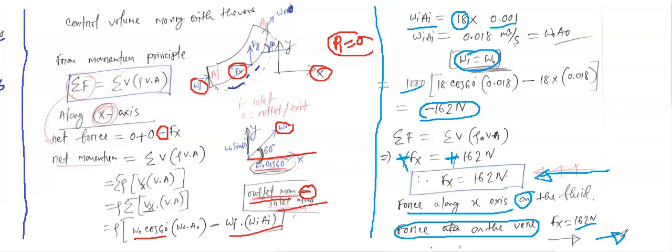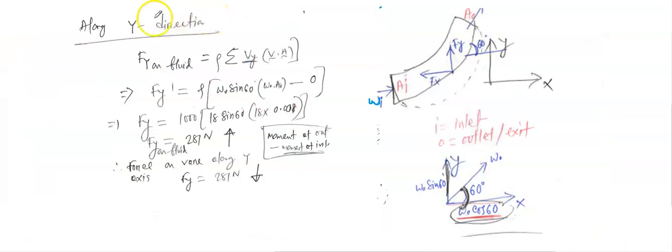We got Fx. Now we need to calculate Fy, along the y direction. The force Fy on the fluid is equal to the density times the integral of Vy and V dot A. From this figure, do we have any force along the y direction at the inlet? No. Do we have any force along the y direction here?